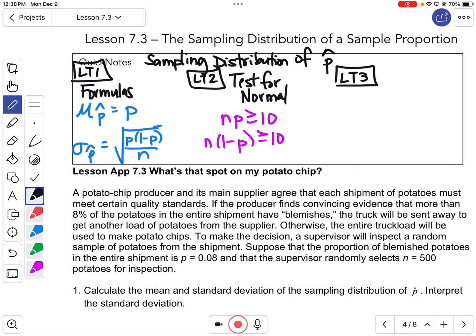And then learning target 3 was probability in a normal distribution.